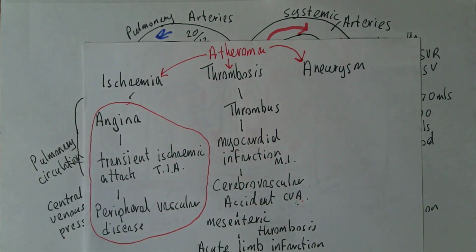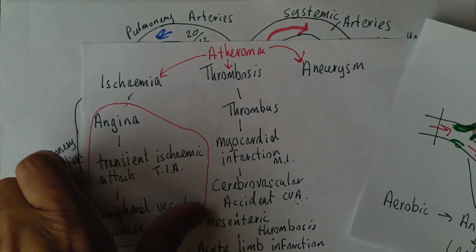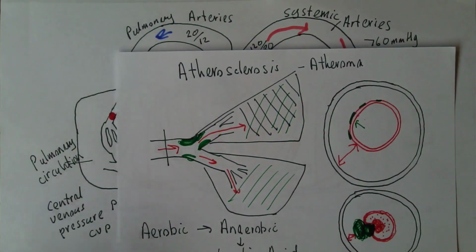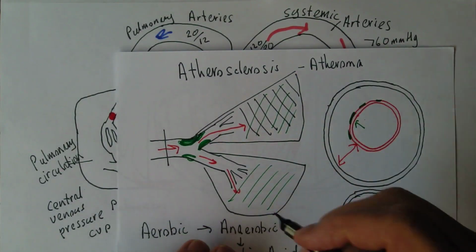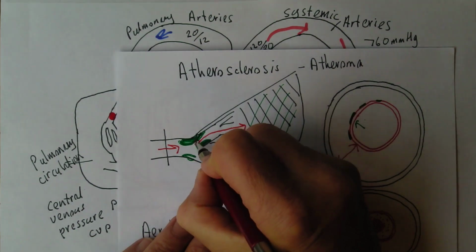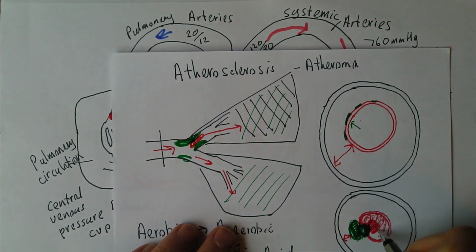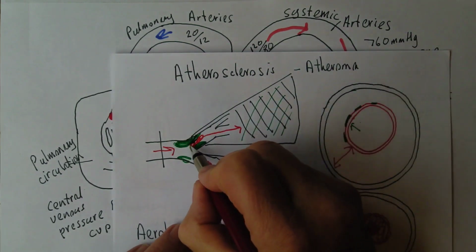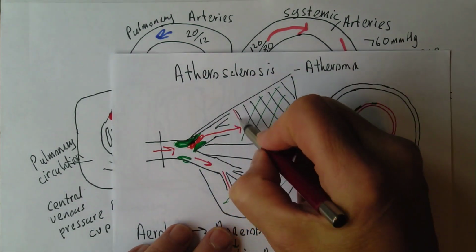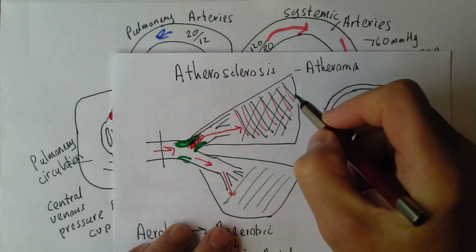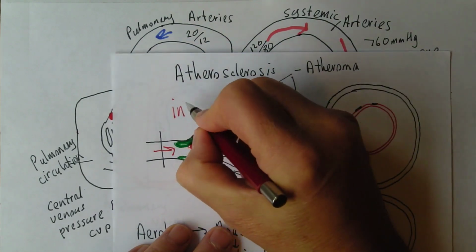So if the blood supply is completely blocked off, so if the clot here completely occludes an artery or an arterial branch, then this area of tissue here will die altogether. That's called an infarct.